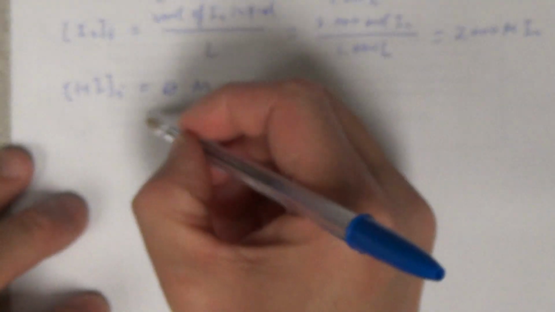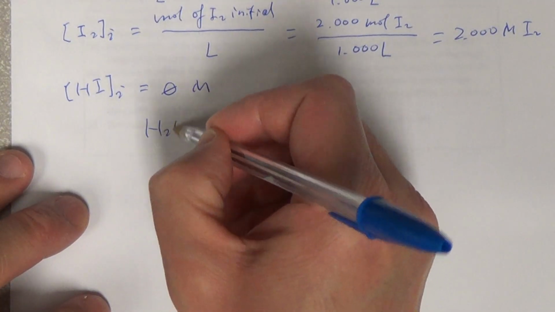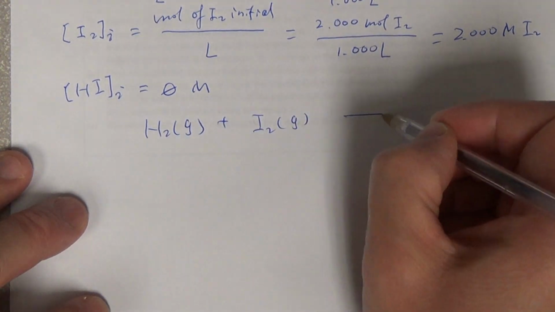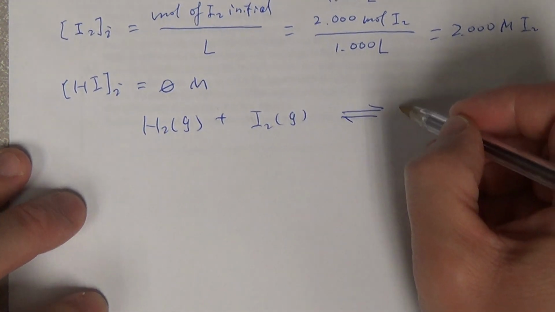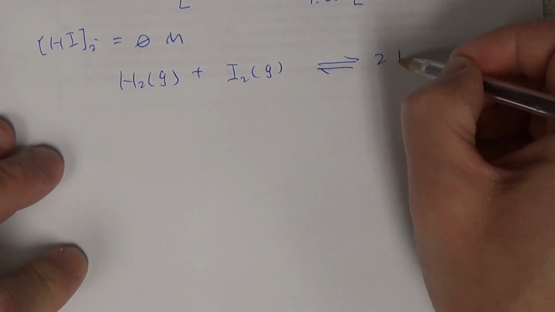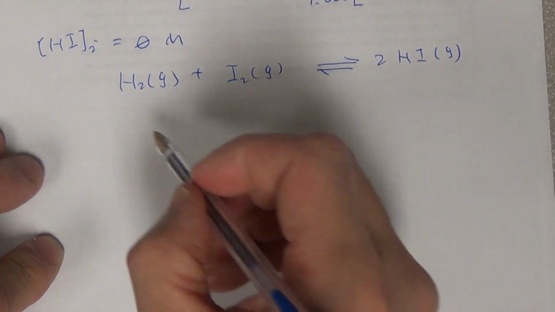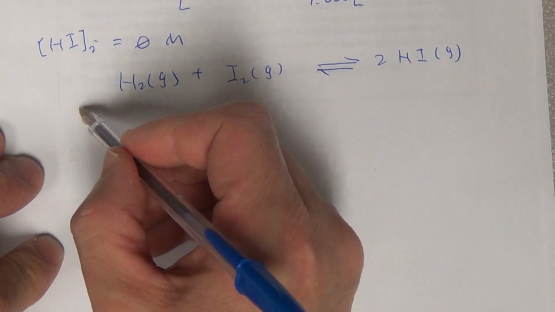Okay. Now the IC table. So we have H2 gas plus I2 gas produce 2HI gas. Okay, so let's make the IC table.